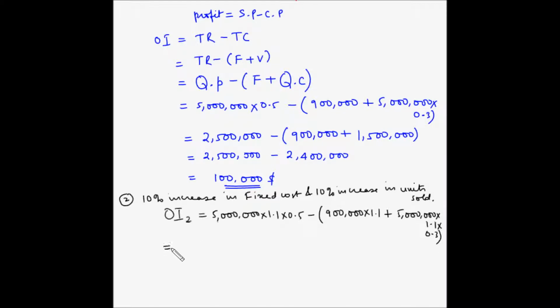So this is equal to 2.75 million minus 900,000 multiplied by 1.1 is 990,000 plus 1.65 million.